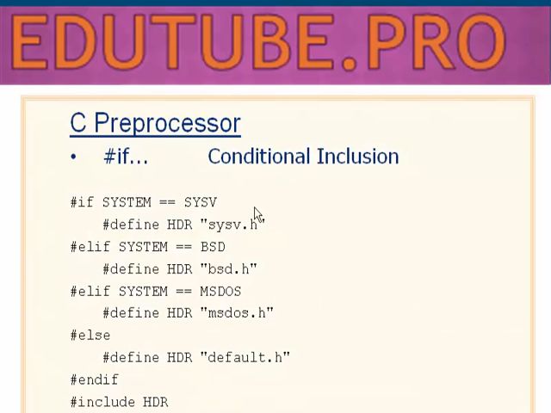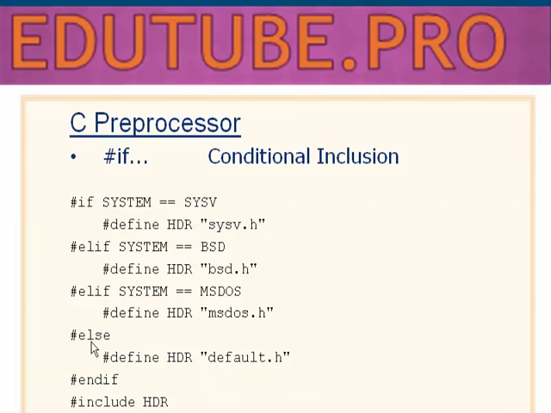Now here's conditional inclusion. In this case, if a previously defined preprocessor value called SYSTEM is equal to another previously defined value like SYSV, then we'll define our header HDR value as sysv.h. Else if, #elif, system equals BSD, we'll #define the header as bsd.h, else if MSDOS, define the header as msdos.h, and then a final else.